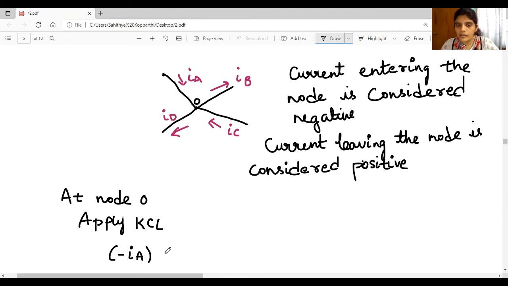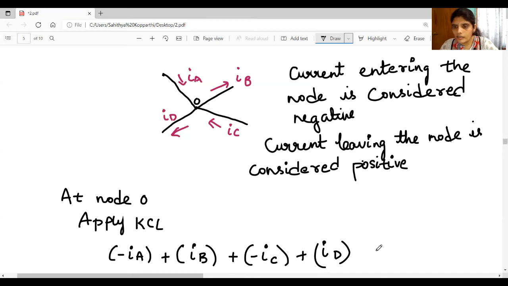IB is leaving, so plus IB. According to KCL, the algebraic sum of the currents at the node is equal to 0. IC is also entering, so take the sign as negative, whereas ID is leaving, so take it as positive: plus ID equals 0.